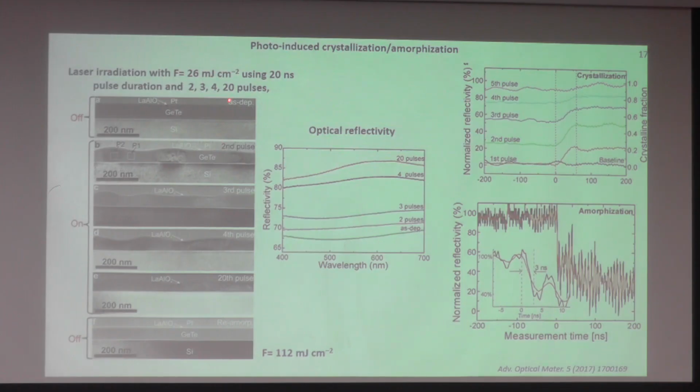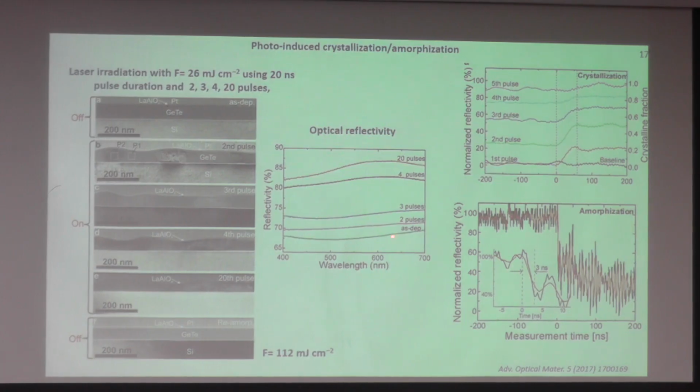Like here, as deposited amorphous phase, after 2 pulses you have some crystallites, then further, and you can crystallize your phase, and what you see is the change in the properties of your film.